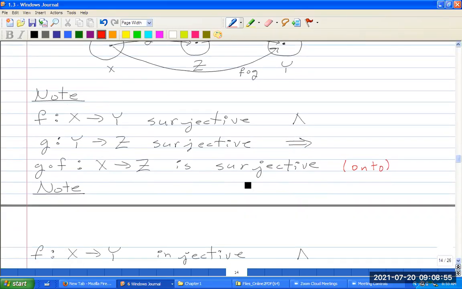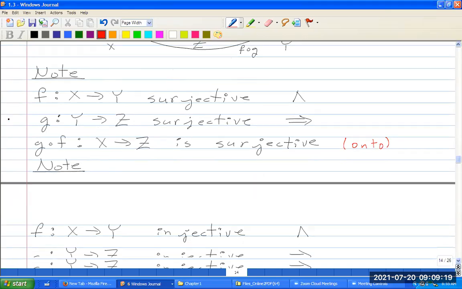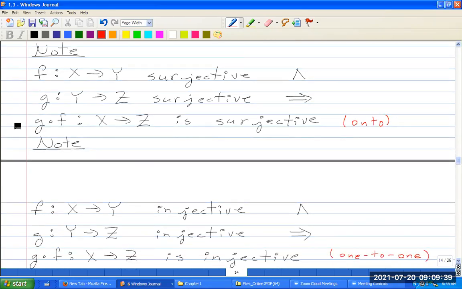Note the following: if the function F mapping the set X into the set Y is surjective, also called onto, and if the function G mapping the set Y into the set Z is surjective, then G composed with F mapping the set X into the set Z is also surjective.